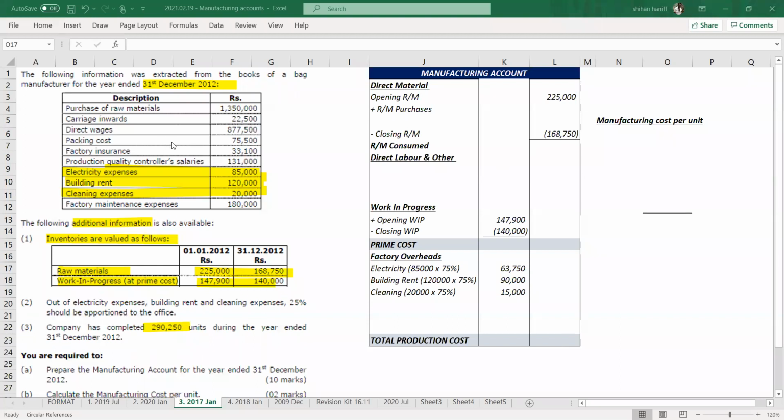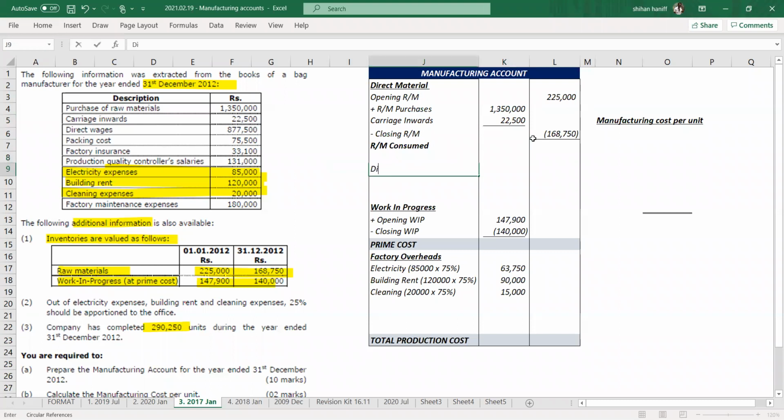Then we have the other values. Purchase of raw material 1,350. Carriage inwards will be added to the purchases, 22,500.